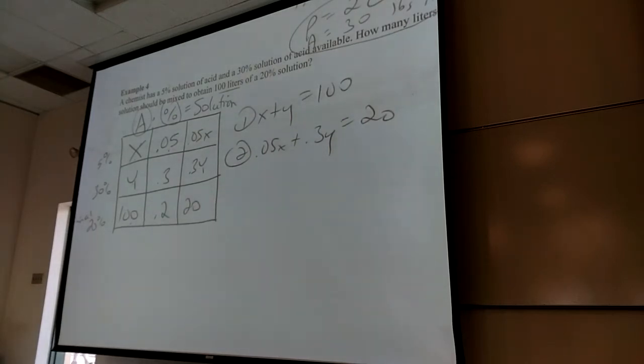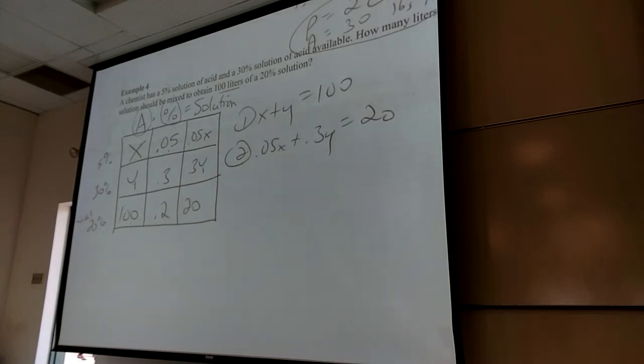And 0.3 is 3 over 10. So I can multiply that second equation by 100 and kill the decimals if I wanted to. You see that? Decimals freak you out almost as much as fractions do, and you can kill them the same way you do fractions.